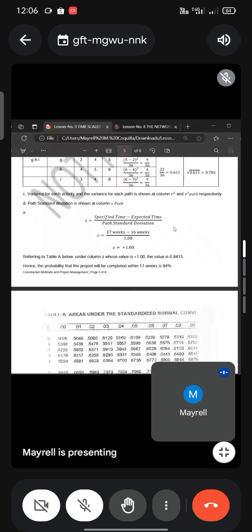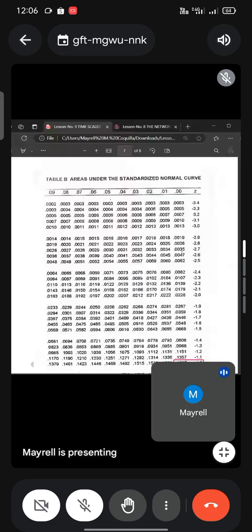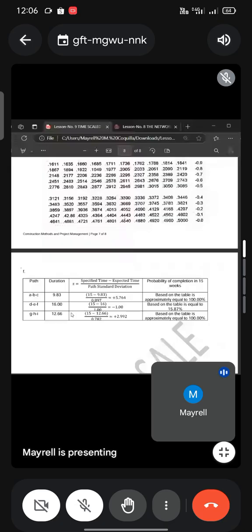Another nga question katong probability nga mahuman siya og 15 weeks. So, you can also try to check the probability nga mahuman ka ng path in 15 weeks. So, you have for path ABC with their corresponding duration nga na-solve ganiha, DEF and GHI.